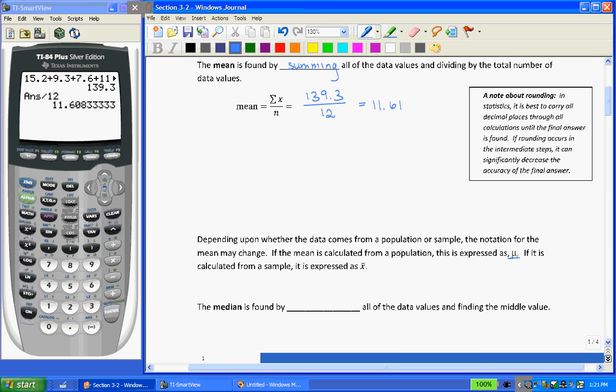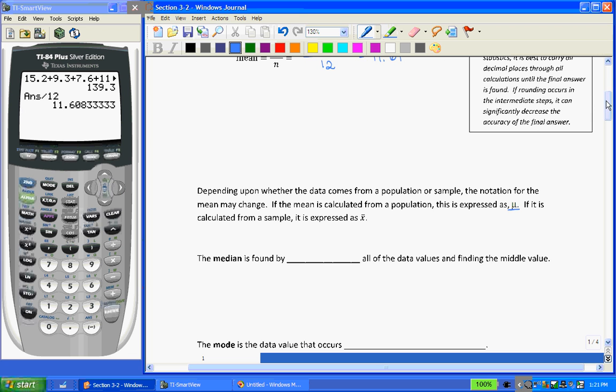And if it's calculated from a sample, it's expressed as x bar, so that bar across the top. Remember, calculations from a population are called parameters, P for population, P for parameters, and calculations from a sample are called statistics, S for sample, S for statistics. Pretty much for a lot of other calculations that we'll do later on, Greek letters are used for population and regular letters are used for samples.